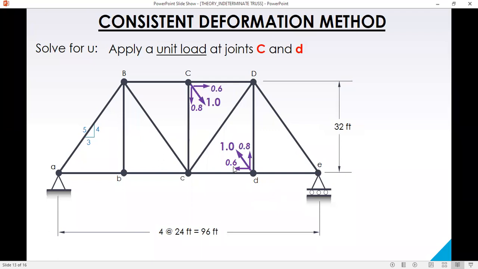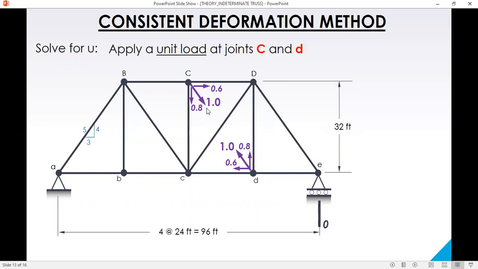Now, if we sum up moment about A, having these forces, the reaction at A is 0. Why? Because the magnitudes 1 and 1 are collinear. Collinear, so no moment. Zero moment.